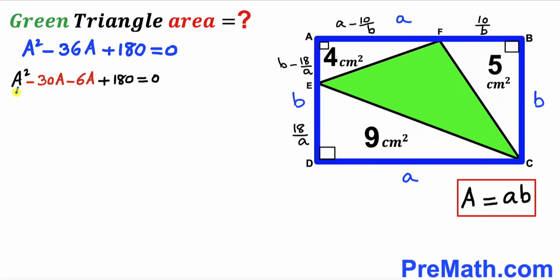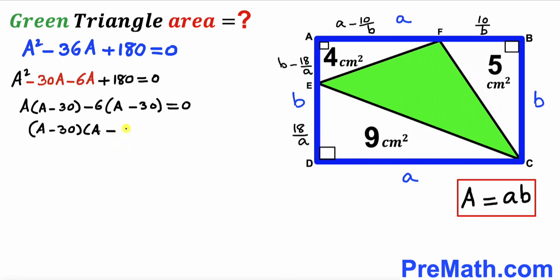And now we can see A is in common between the first two terms, and over here negative 6 is in common between the last two terms. So therefore we could write A times (A minus 30) minus 6 times (A minus 30) equals 0. And now we can see they are in common. So therefore we end up with (A minus 30) times (A minus 6) equals 0.